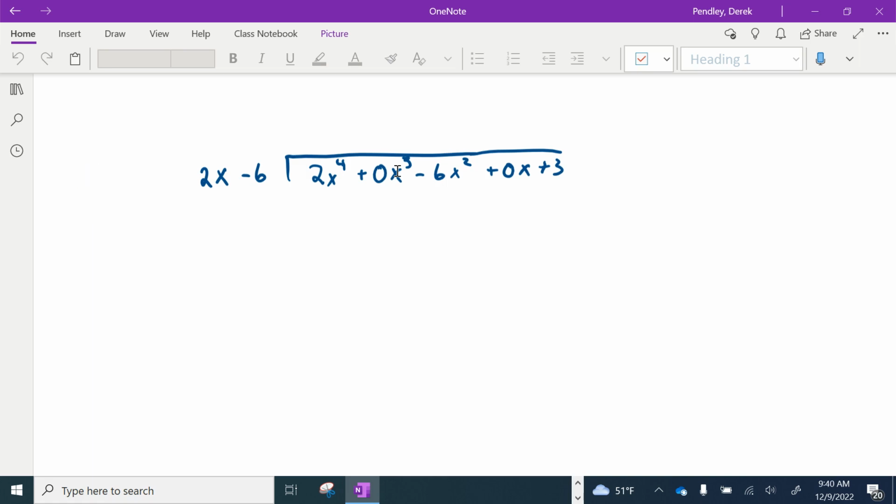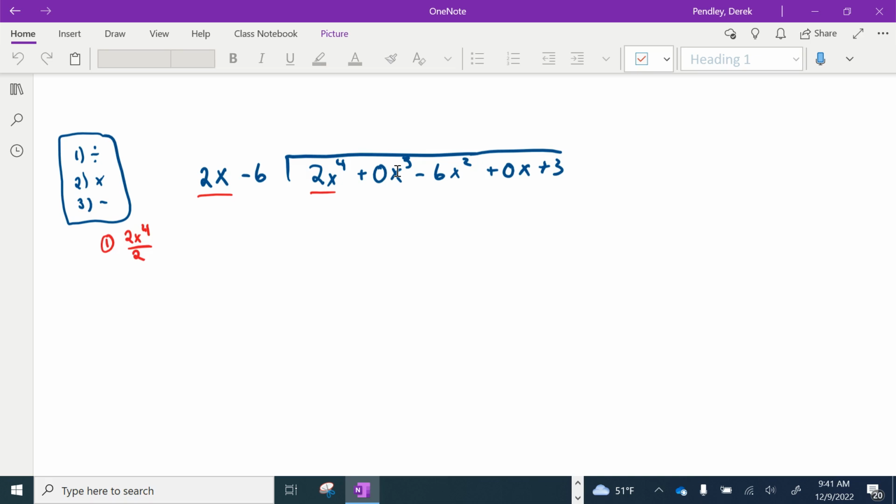So when we do that, we have 3 steps that we need to do. We need to divide, then multiply, then subtract. And we repeat those over and over until we get to a remainder. So the first step here, take your first terms, 2x to the fourth divided by 2x gives you x cubed.